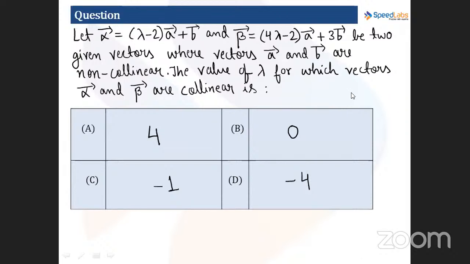So the value of lambda for which vectors alpha and beta are collinear is. Yes, Kritika, it is correct.